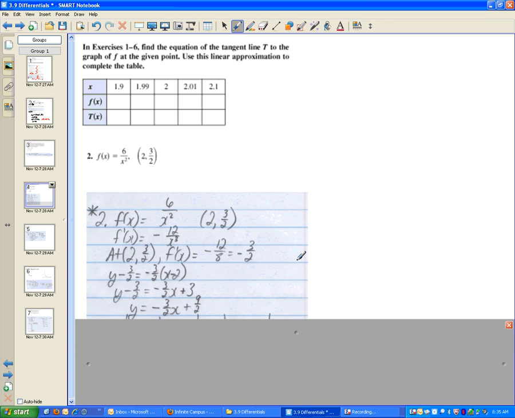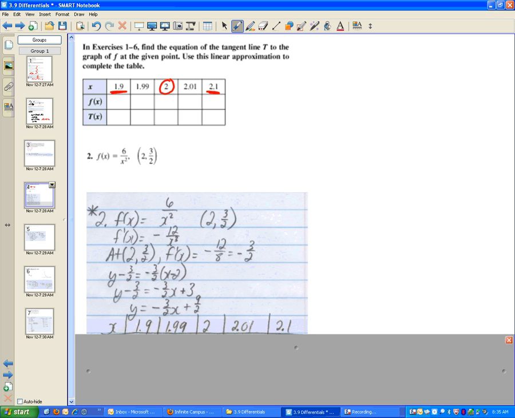If the point of tangency is 2, they've decided that 1.9 and 2.1 are as far away as they want us to go. Okay? So let's make our table. T of x is the notation they're using for the tangent line.